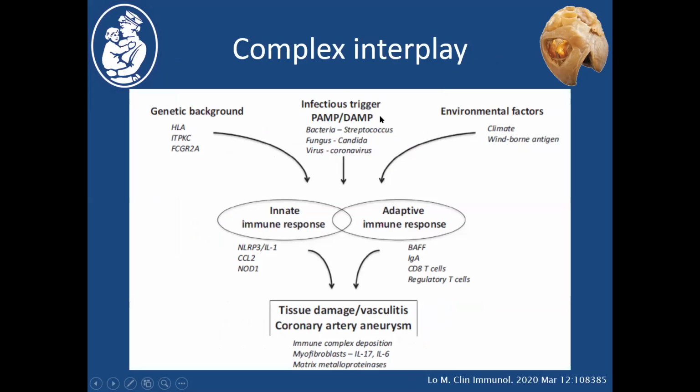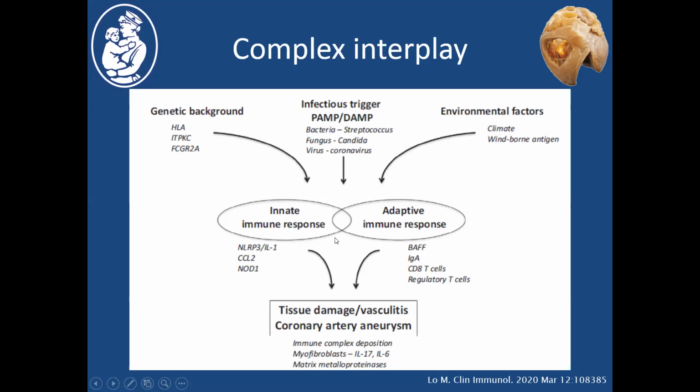And then probably there's some kind of infectious or environmental trigger, either bacterial, or fungus, or virus, or possibly various agents can initiate this response in genetically predisposed individuals, or maybe even something climatic like the wind currents that we were talking about before.